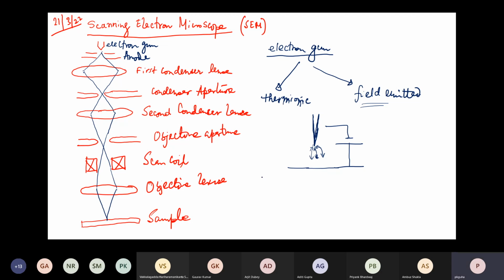So let me mention these electron guns are either maybe made of W, that is the tungsten, or lanthanum hexaboride.